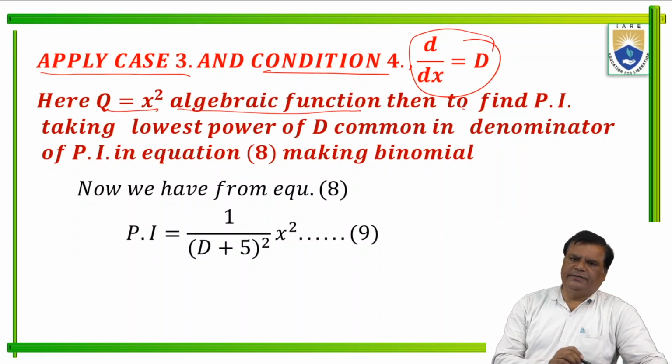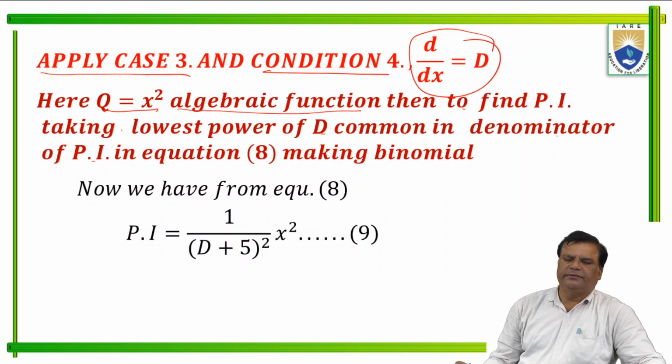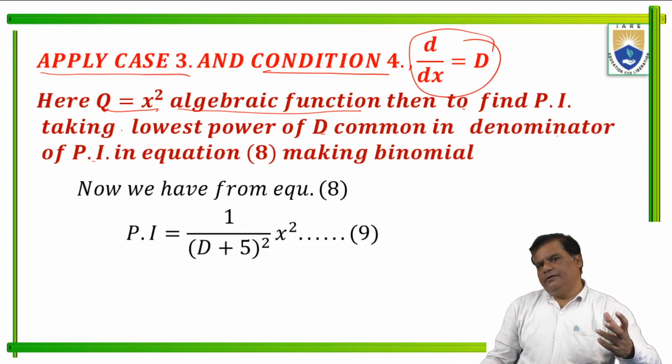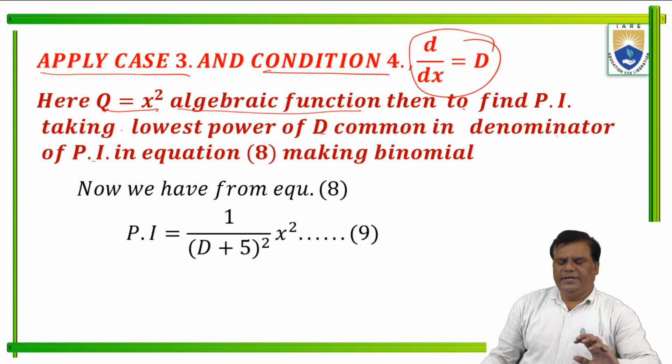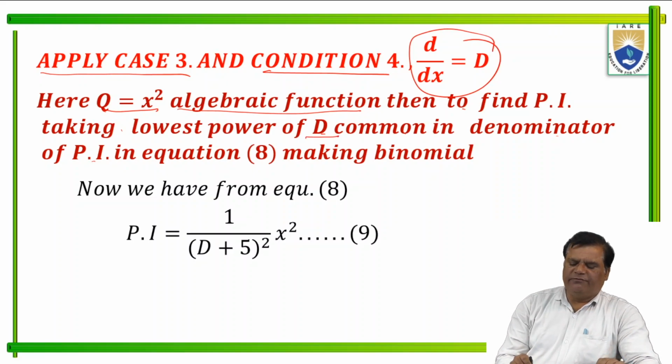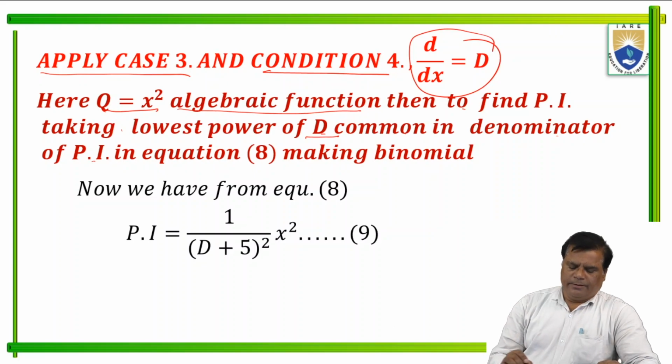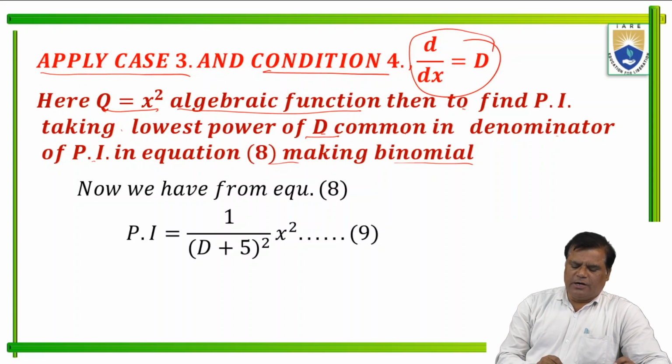Then to find PI, take the lowest power of D common in the denominator of PI. Particular integral has a numerator and denominator, so in the denominator of PI, taking the lowest power of D common, in equation 8, making a binomial.